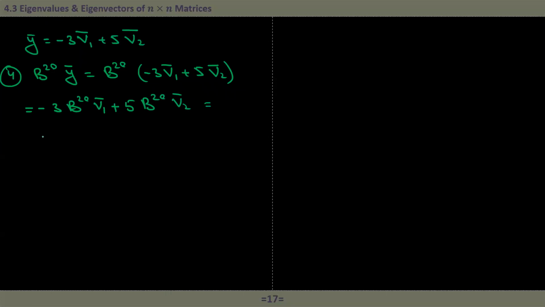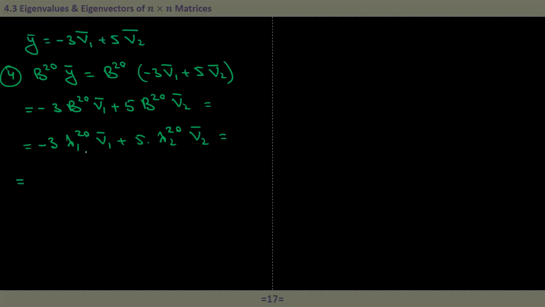And we know that V1 is an eigenvector of B, right? And also V2 is an eigenvector of B. And using the theorem, now I can just write here minus 3 times lambda 1 to the power of 20 V1 plus 5 times lambda 2 to the power of 20 V2. That's it.